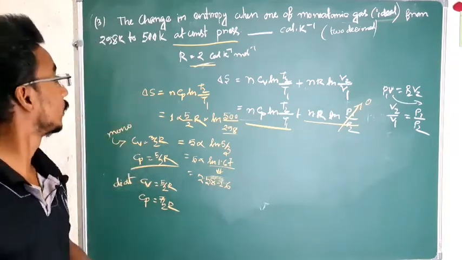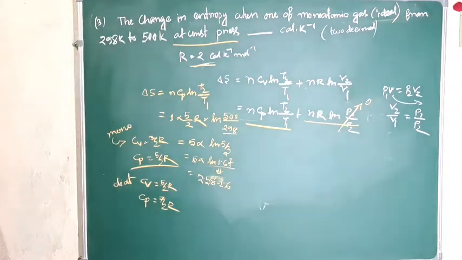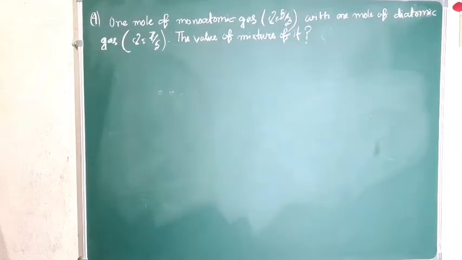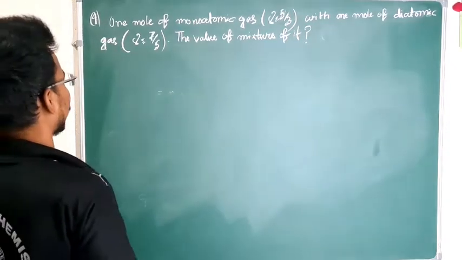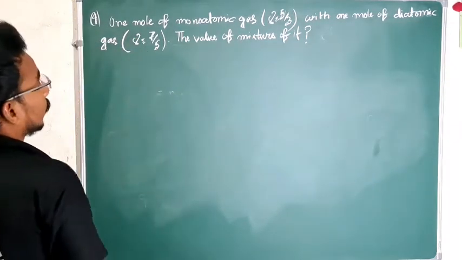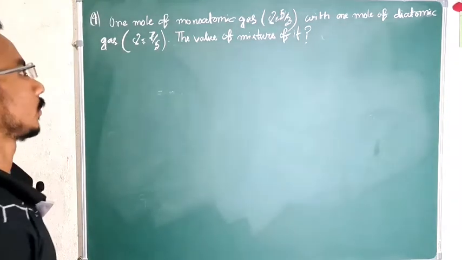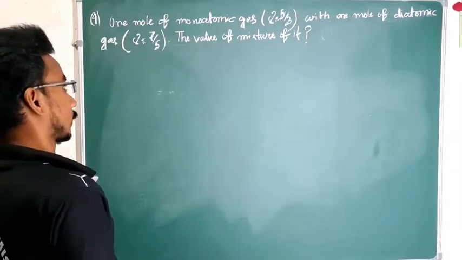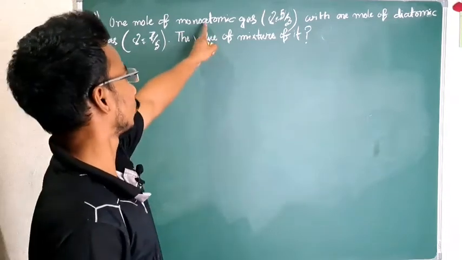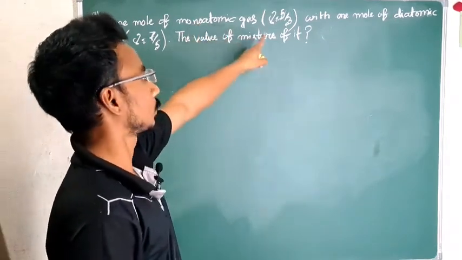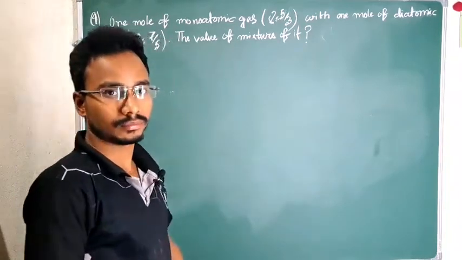Okay, let me write the next question. So I wrote the fourth question, you can read from here. 1 mole of monoatomic gas, gamma equal to 5 by 3, is mixed with 1 mole of diatomic gas. Tell me the value for the mixture. We are mixing 1 mole of monoatomic gas with 1 mole of diatomic gas.